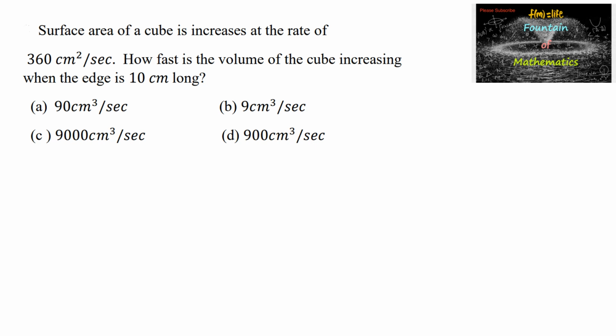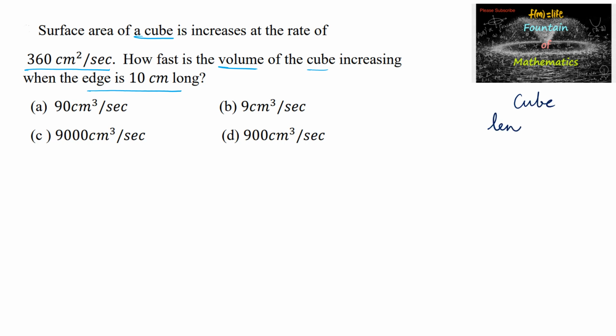The surface area of a cube increases at the rate of 360 centimeter square per second. How fast is the volume of the cube increasing when the edge is 10 centimeters long? Let's recall the formula for a cube.